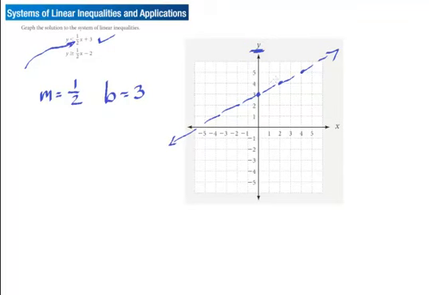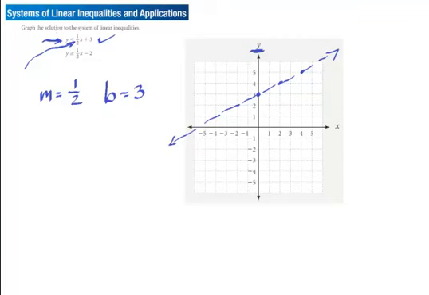The test point relies on the fact that the line is the boundary, where it equals. On one side of the line, the top side, it will either be greater than or less than, but not both. And on the other side, the bottom side, it will either be greater than or less than, but not both. Or you can look at this equation, say I want the y values that are less than that line, so you would know that you would shade beneath.